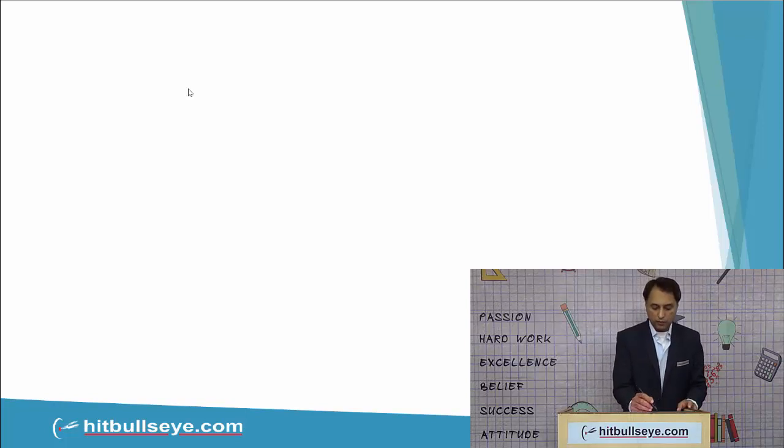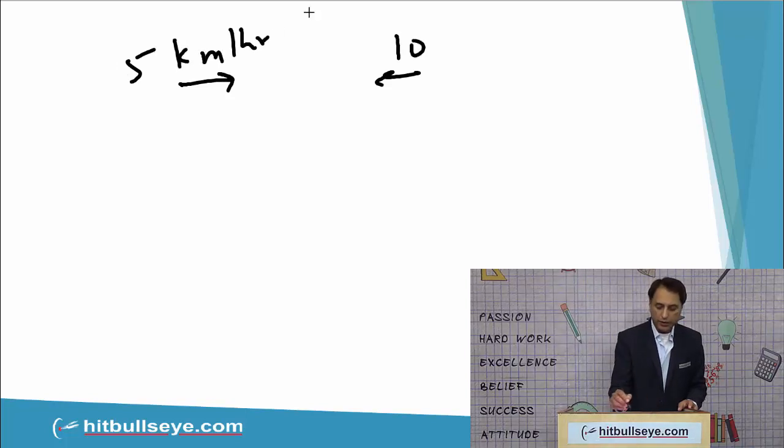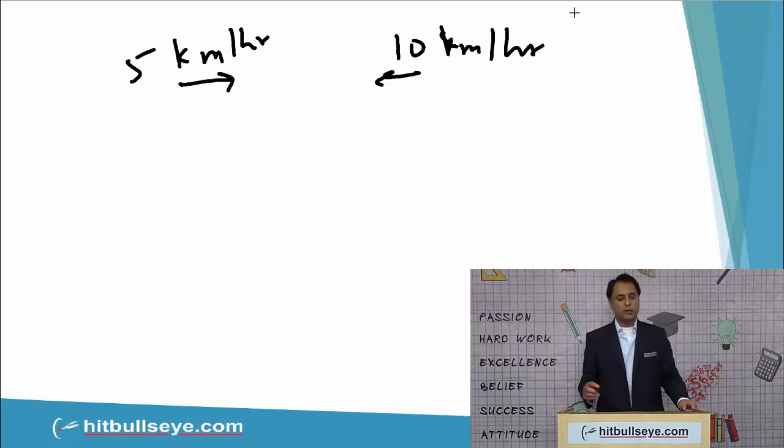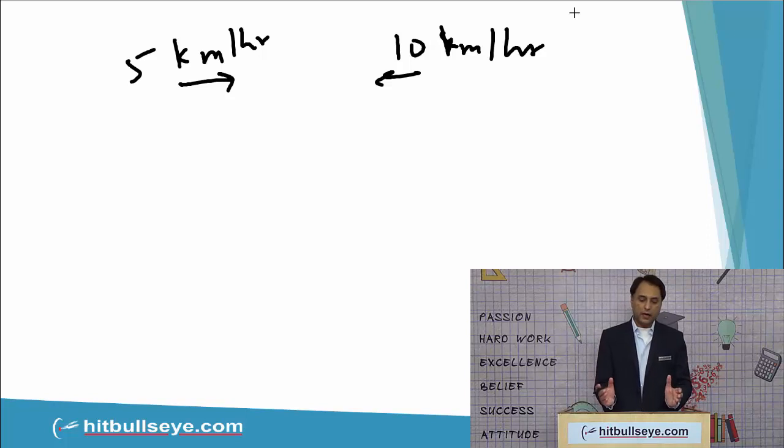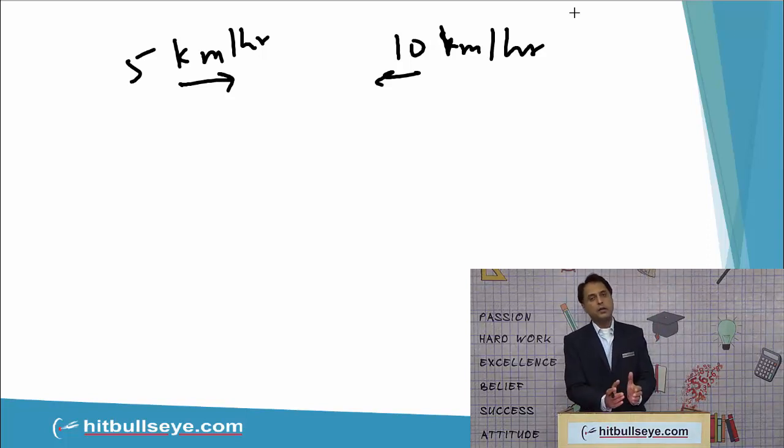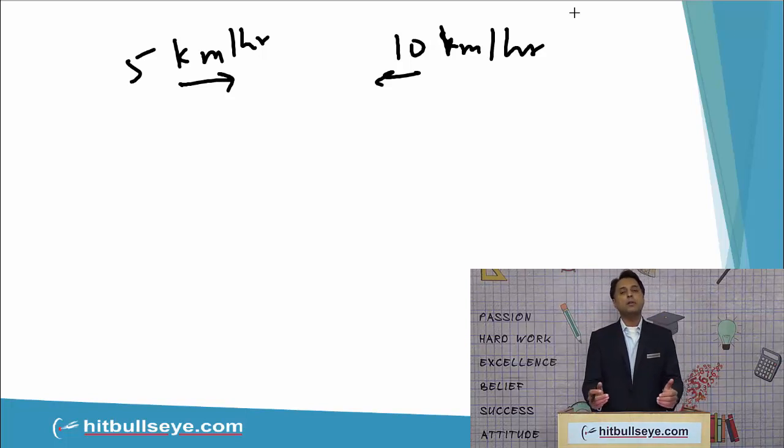We have these two boats traveling towards each other. The speeds are 5 and 10. Now, the units are important here. Kilometers per hour. Since they are traveling towards each other, it means they are traveling in opposite directions.